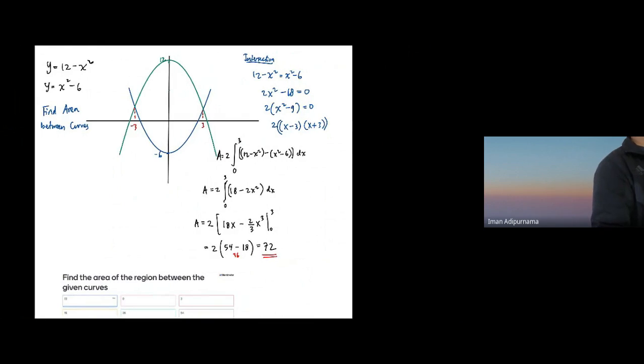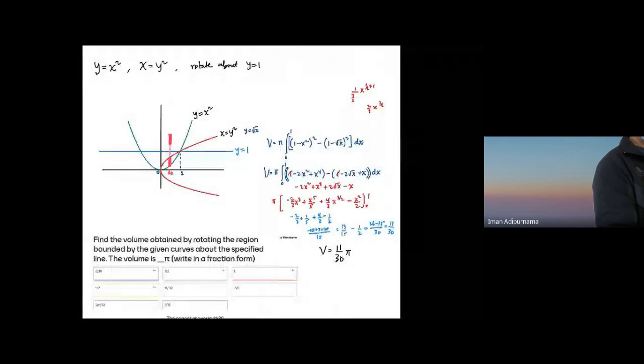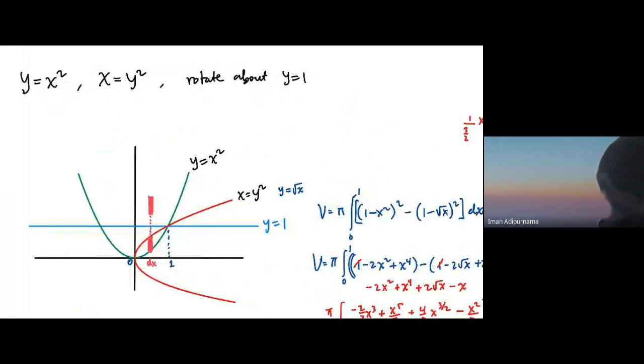That's number 2. Number 3 is rotating the region between these curves, y equal x squared and x equal y squared. You can use the disk method, rotated about y equal 1. The idea is still the same: you need to identify the radius.